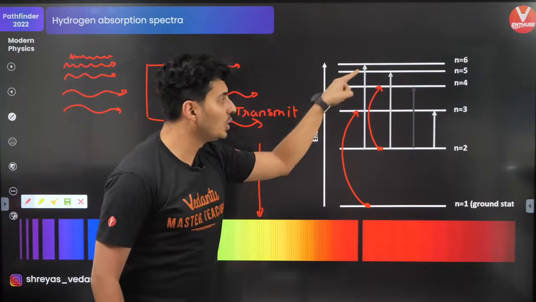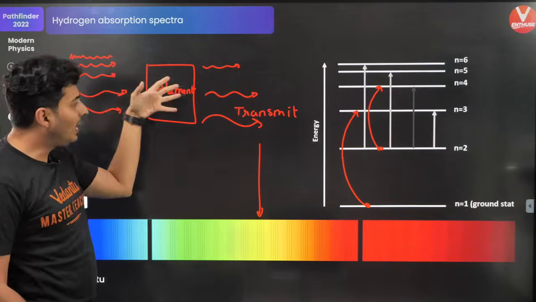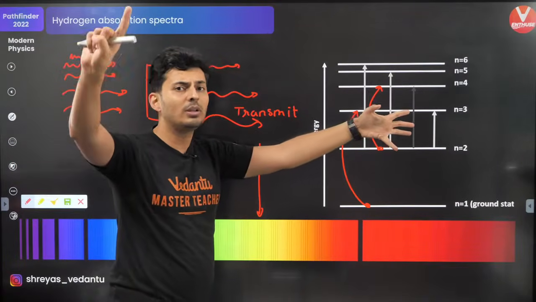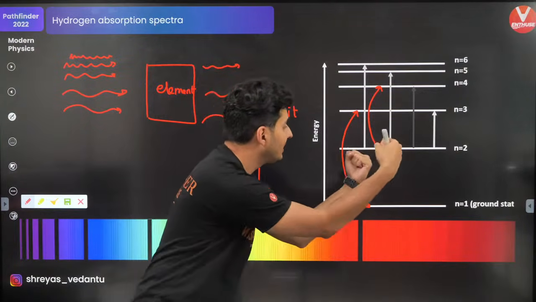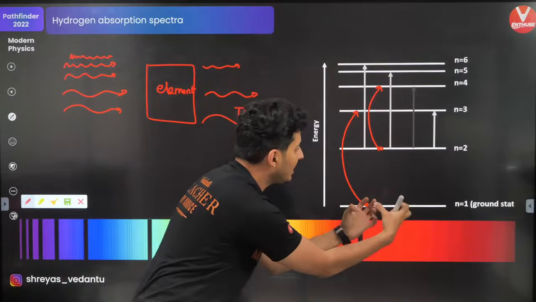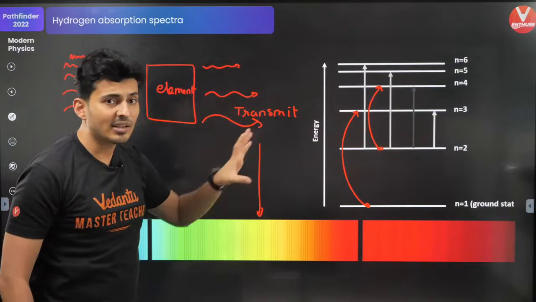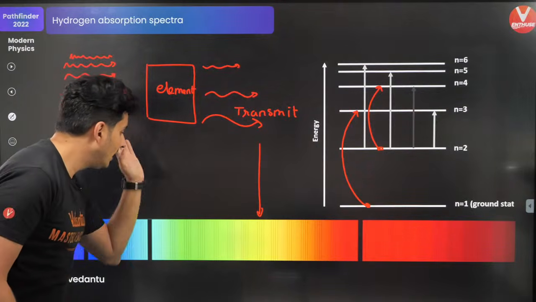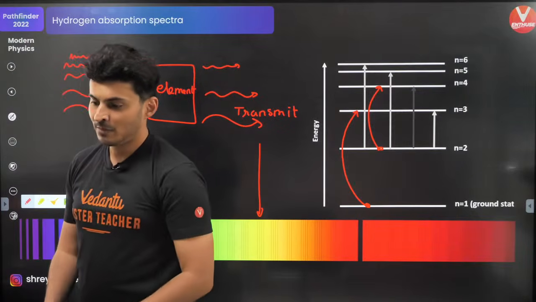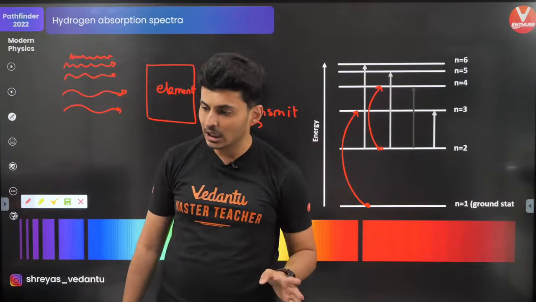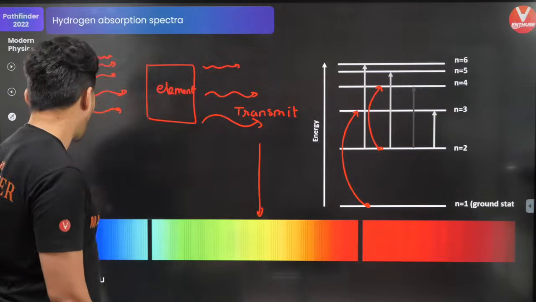So the jumps are unique. When light of different wavelengths, different photons pass through an element, only a few of the photons will get absorbed, get destroyed, and that energy will get used up in making those electrons jump to a higher orbit. And that's the reason why you will see some colors are missing. Those are the absorption lines. Very good. Is that clear, my warriors? Perfecto. This is called the absorption spectrum.